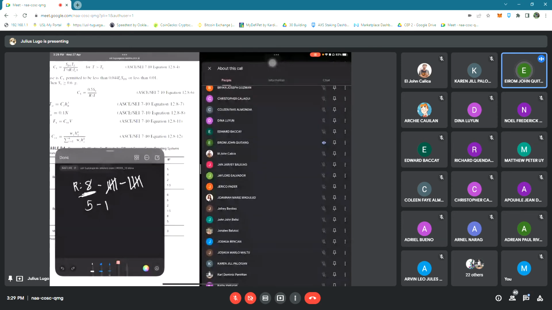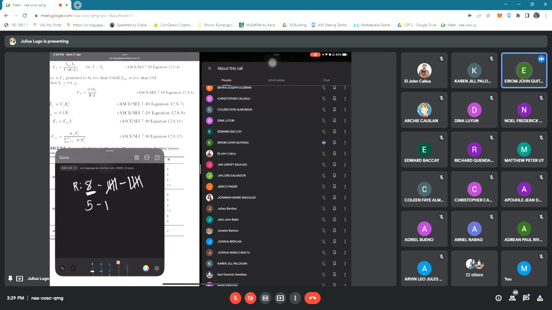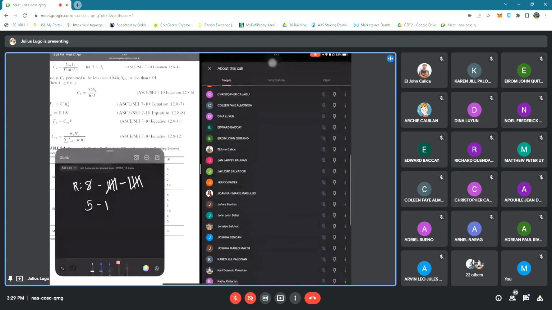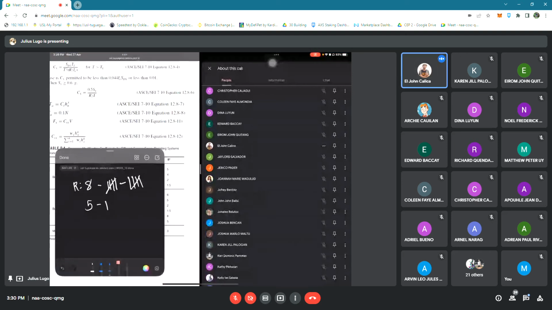Siya yung parang mas malapit, sir. Are you sure? Yun lang yung parang basis ko, sir. Sa code? Anong section ng code to? What's the section of the code? Hindi ko na maalala.